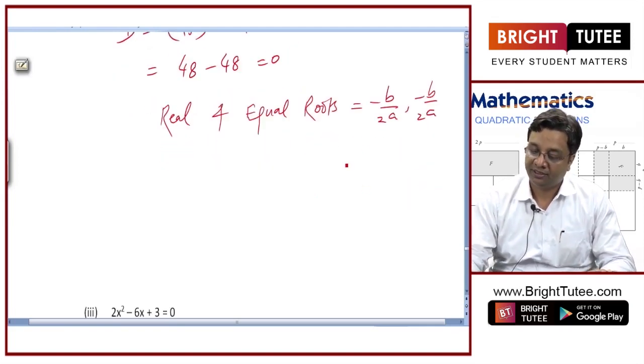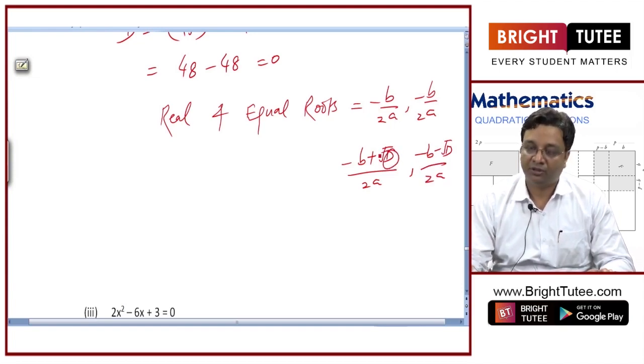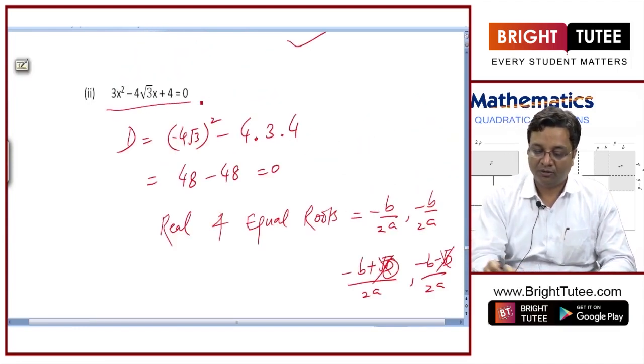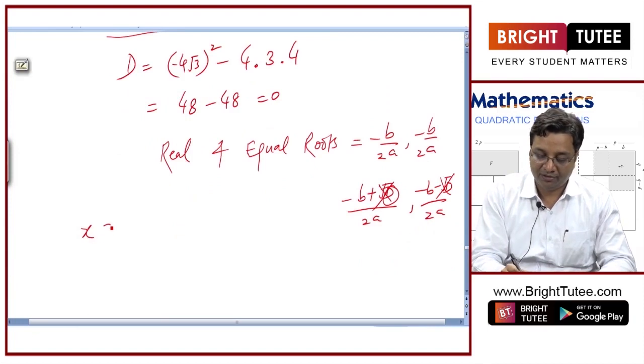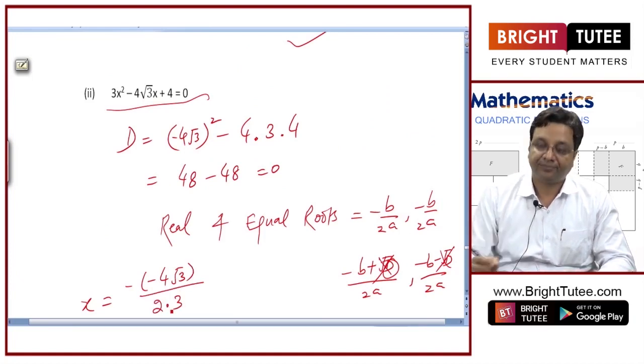Okay, you can see once again the roots were minus b plus root d by 2a, minus b minus root d by 2a. So if I take d equal to 0, this term will vanish, this term will vanish from here, minus b by 2a, minus b by 2a. So what are the roots here? So the values of x will be equal to minus b, that is equal to minus of minus 4 root 3 by 2a, 2 into 3.